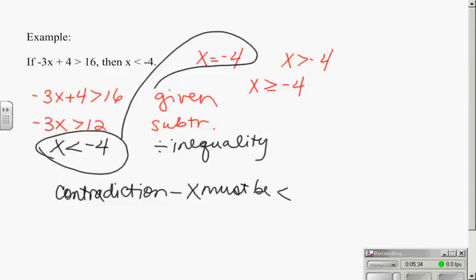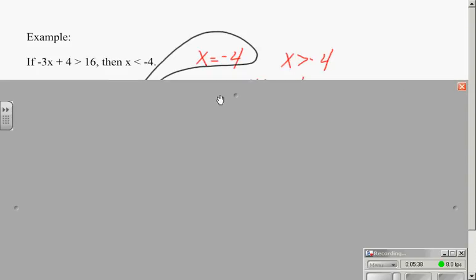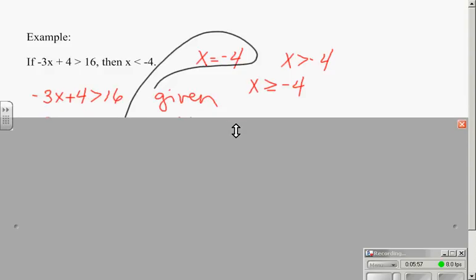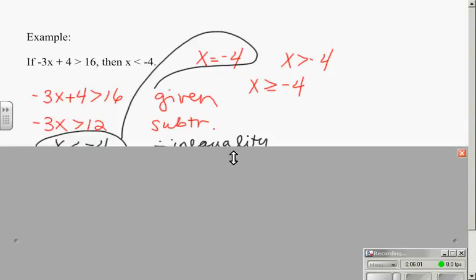Just to be safe, I've added another example that's not in your notes. And this one says, if negative 3x plus 4 is greater than 16, then x is less than negative 4. So for my contradictions, I could choose any one of those three: x equals negative 4, x is greater than negative 4, or fancy, x is greater than or equal to negative 4. Start with my given, negative 3x plus 4 is greater than 16.